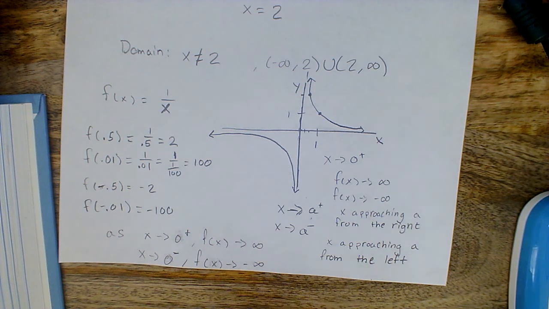Okay? And that's precisely what it takes to have a vertical asymptote. So let's define what a vertical asymptote is.